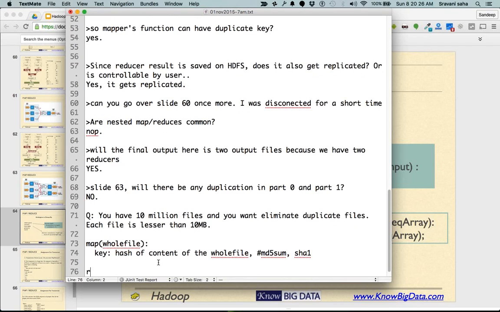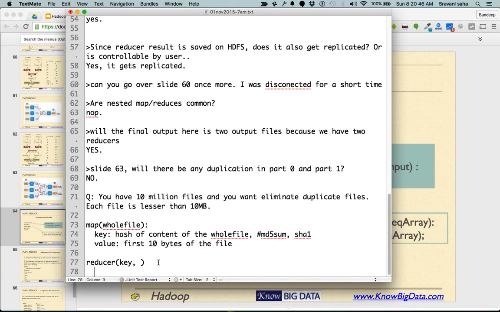And the reducer will be given the key, and the value will be, let's say, the first 10 bytes of the file.